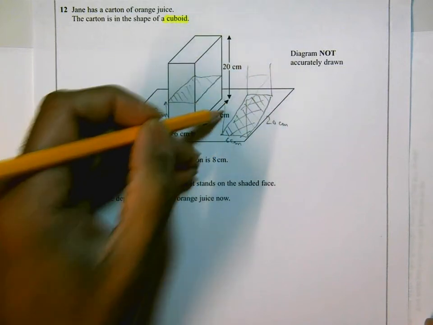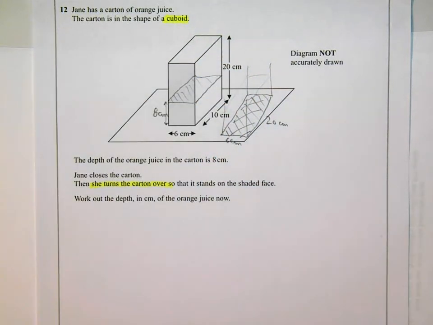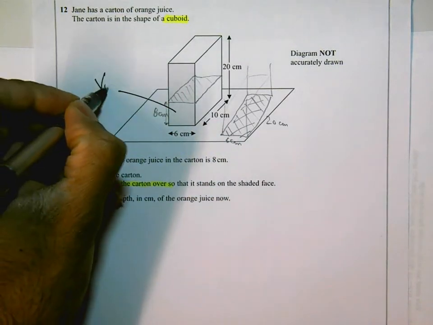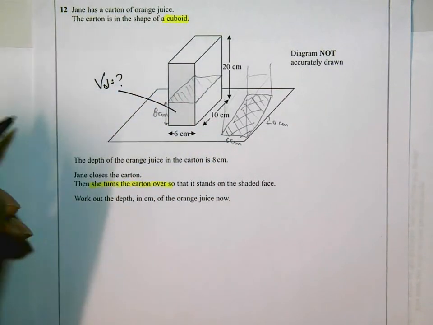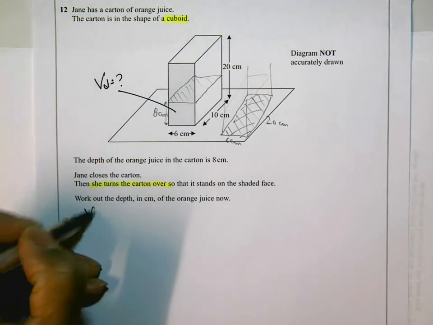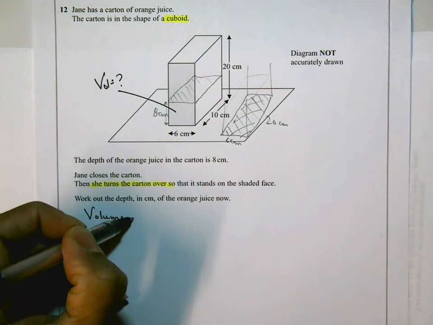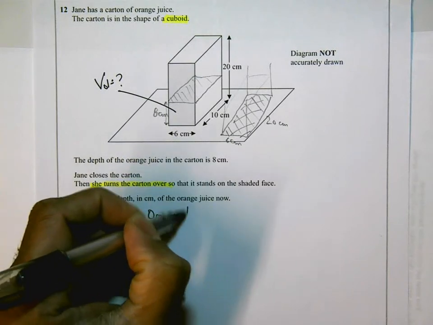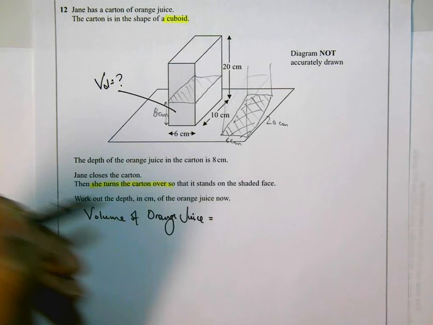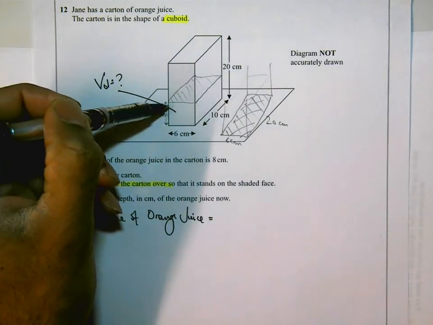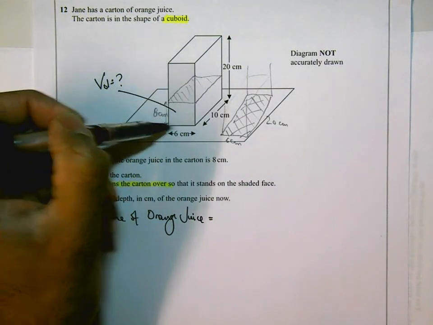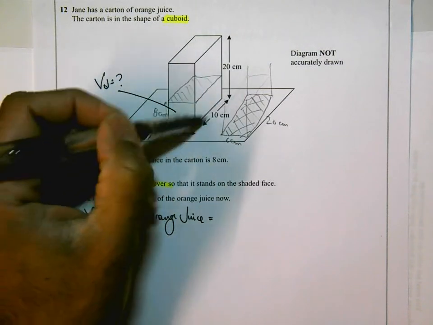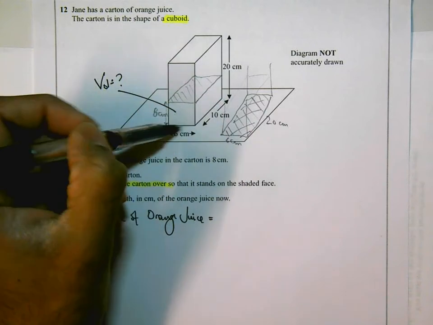So up to what level is the orange juice going to go in the box? All right, so what we need to do is work out the volume of orange juice in there. What's the volume of orange juice in the box? So the volume of orange juice is going to be, well, I'm going to times those dimensions: 8 times 6 times 10. If you think about that bit there, the orange juice is going to occupy a space the shape of a cuboid, and its height is going to be 8.